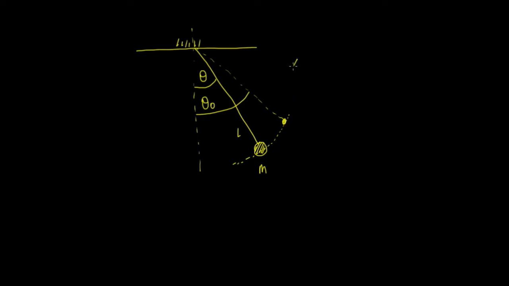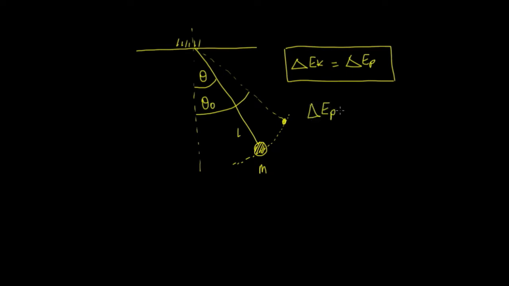So conservation of energy tells us that the change in the kinetic energy is going to equal the change in the potential energy. We'll look at both of those separately and then we'll equate them. The change in the potential energy is going to equal the mass of the pendulum, times gravity, times the height.